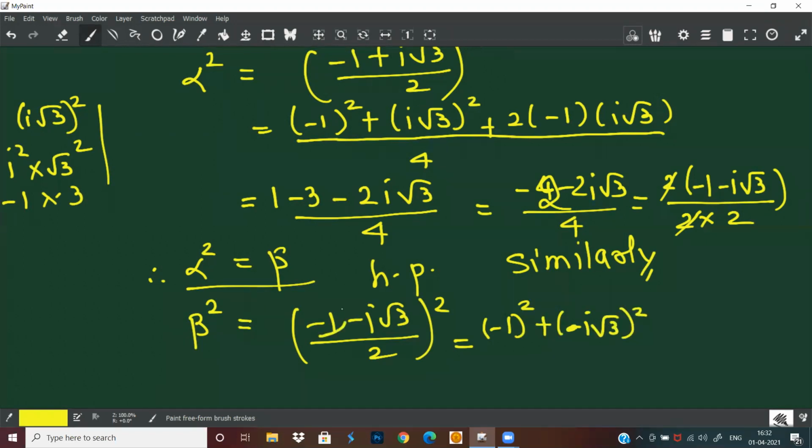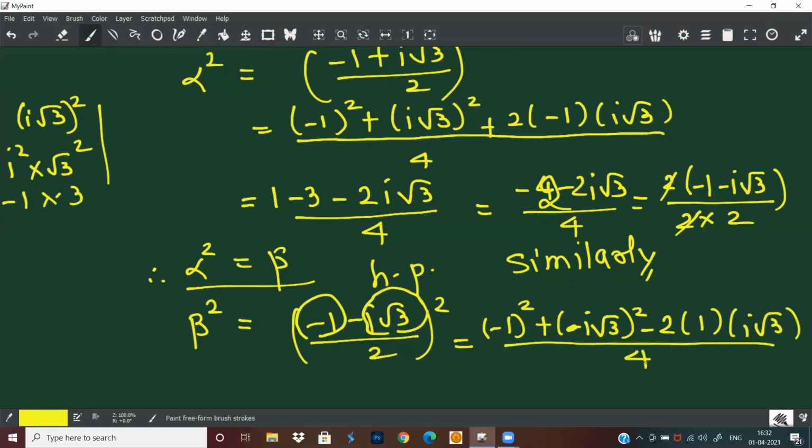This is your A and this is your B, and A minus B whole square, I mean A square plus B square minus 2AB. 2 square is 4. So this is plus 1. I root 3 squared, we have already seen, is minus 3. Correct? You got that?